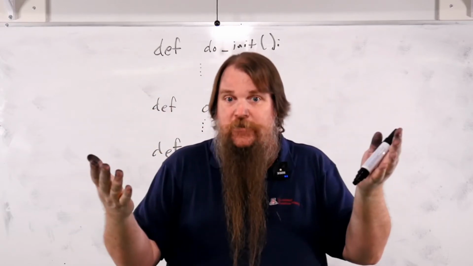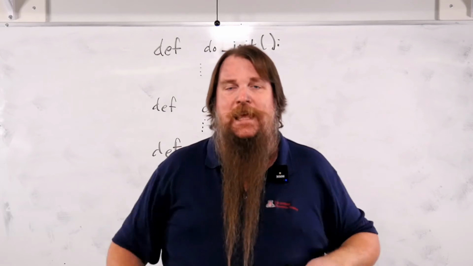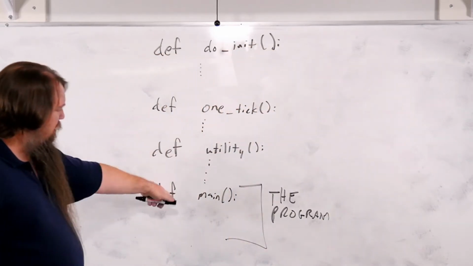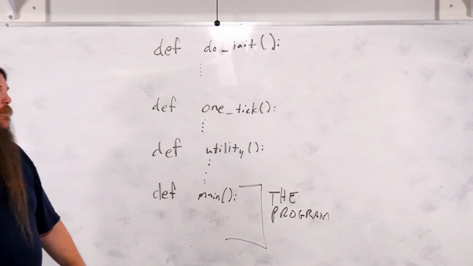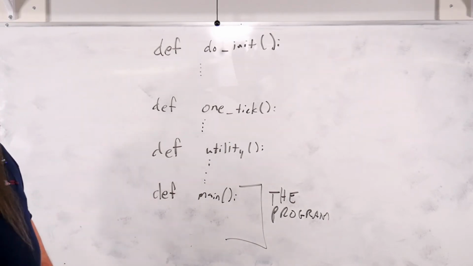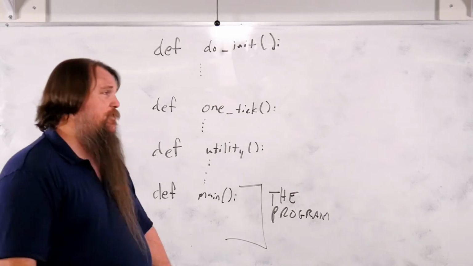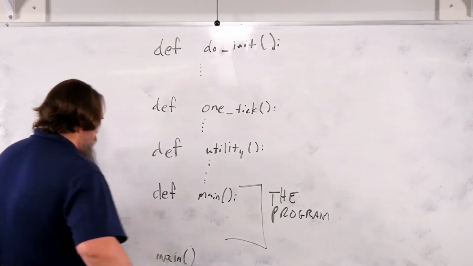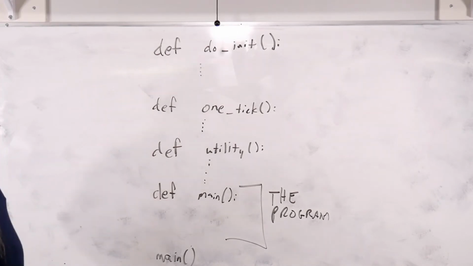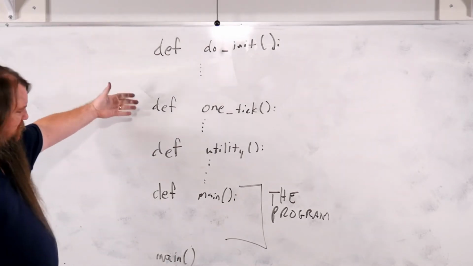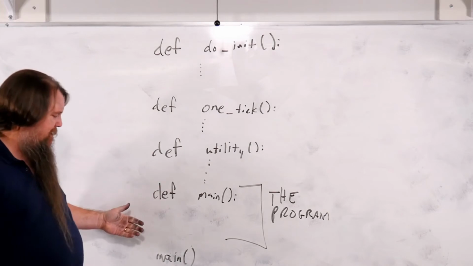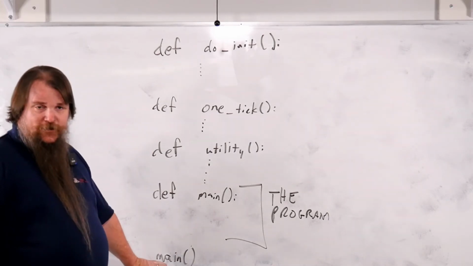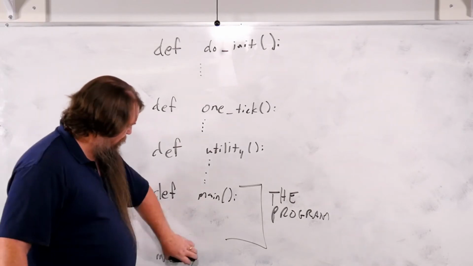Your program will start, and then it will instantly end, having accomplished nothing. So you need to call main. The simplest way to do this, but not actually the correct way, but I'm going to show it first, is that you can simply say at the bottom of your code, main. So it declares all these functions, it gets them all ready to run, and then finally it says, let's actually run it. This will work until your code gets a little bit more complex.